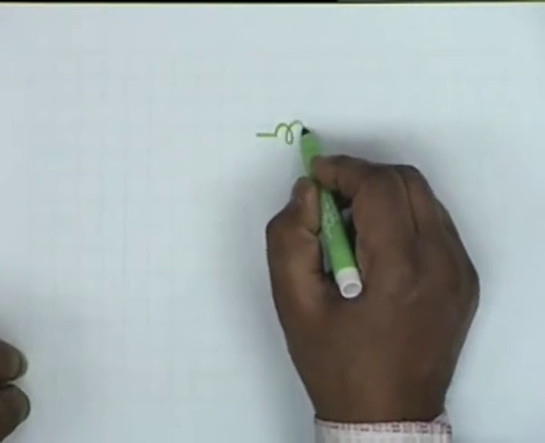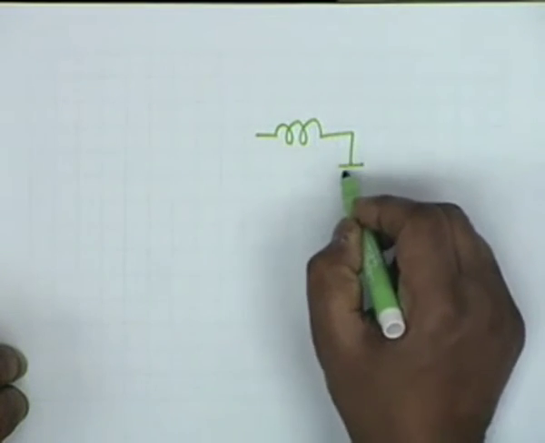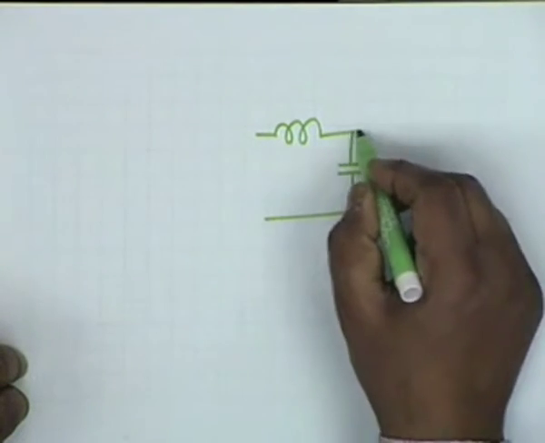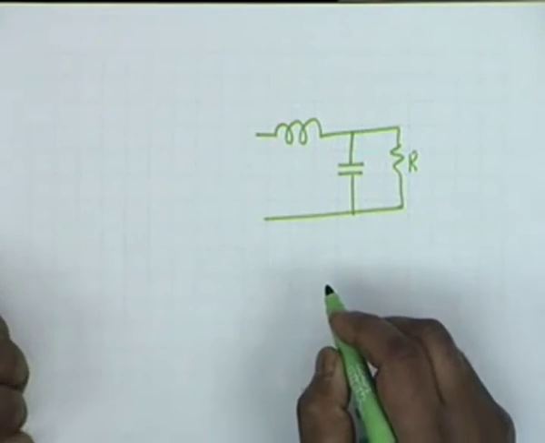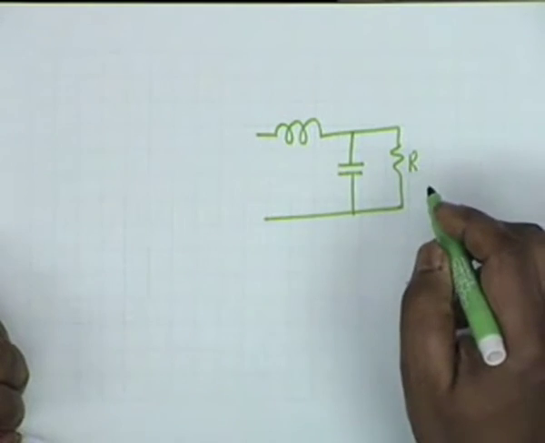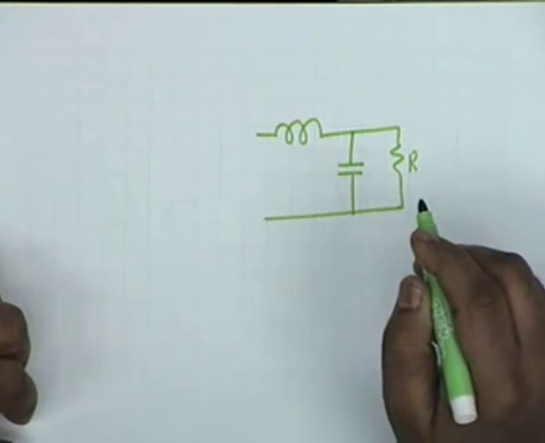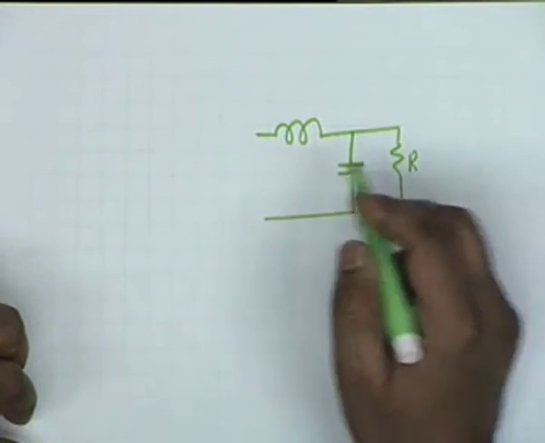Alright, let's consider the LC filter, LC and R. This resistance R is the load. It could be a transistor circuit, for example, for which you have the power supply.